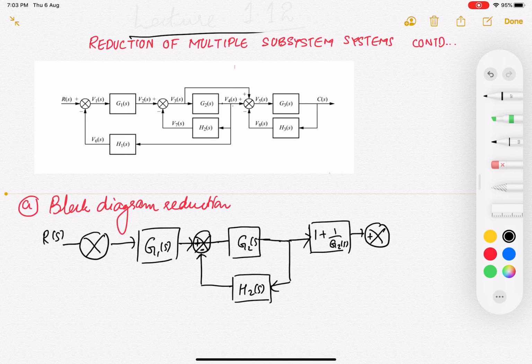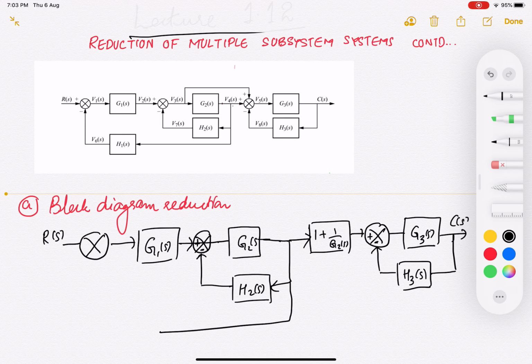Then you have this G3(s), C(s), H3(s), and you also have another feedback loop here, which is your H1(s).